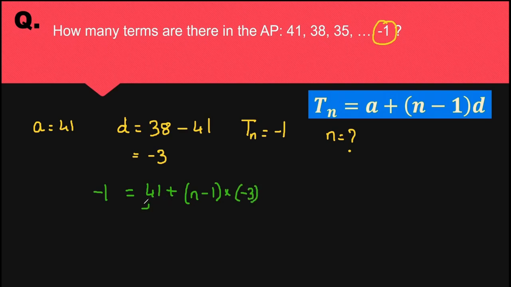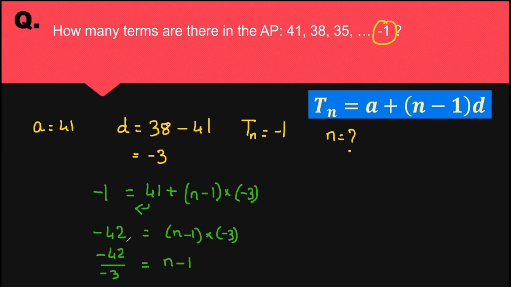If we transpose 41 to the left hand side, it will become negative 41, and negative 41 minus 1, so negative 42 equals n minus 1 times negative 3. Now we transpose this negative 3 to the right hand side, it will go as the denominator. So negative 42 upon negative 3, that is n minus 1.